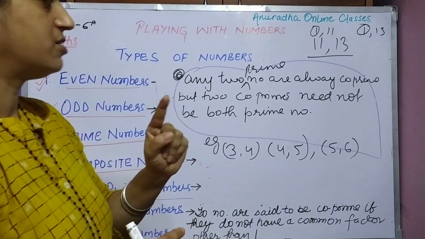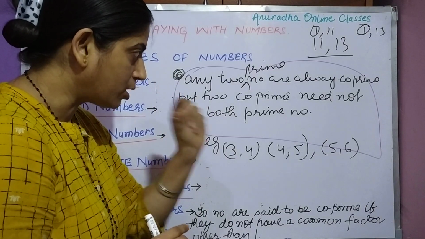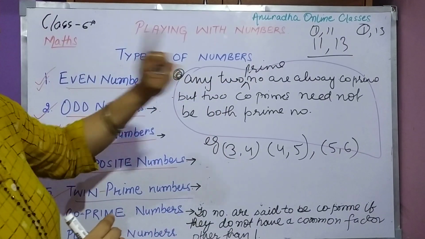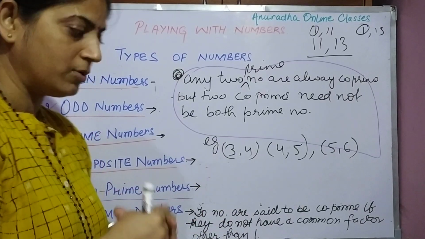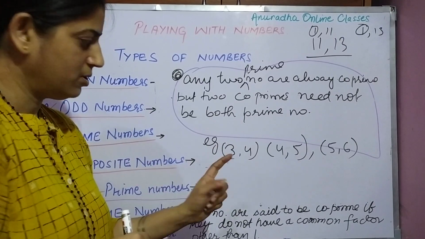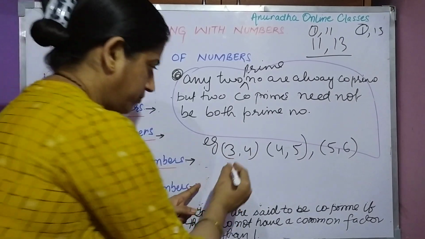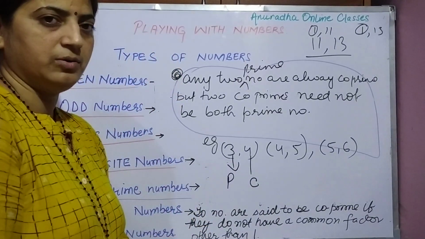But one important thing is there, that two numbers other than prime numbers may also be co-prime. For example, see here, 3 and 4. 3 is a prime number, but 4 is a composite number.